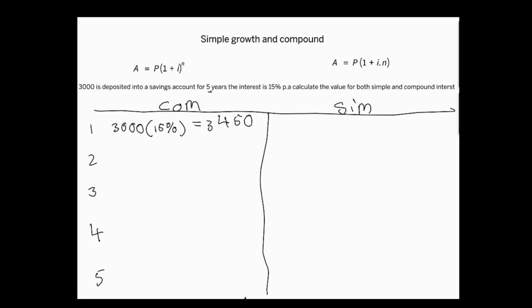Now we would say 3,450 Rand. We want 15% of that in our second year. So 3,450 Rand times 15% plus our original 3,450 Rand.